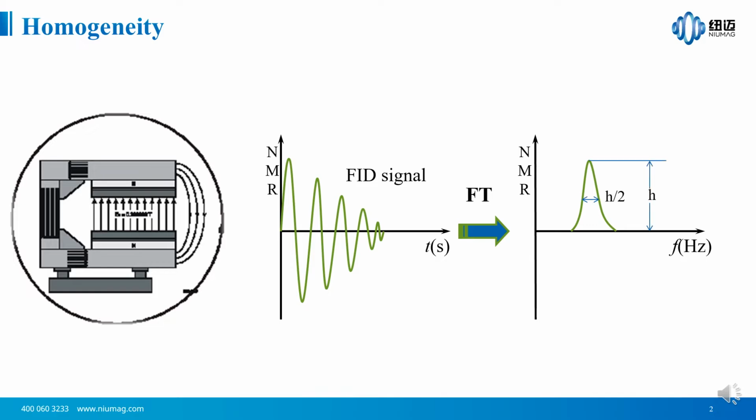We can then measure the half width of the spectrum to get the indicator of the homogeneity of the magnetic field. For example, if the height of this peak is h, then we measure the difference in the corresponding frequency at half h. And finally, we can calculate the index of the magnetic field homogeneity.